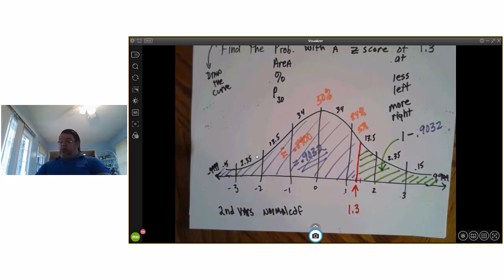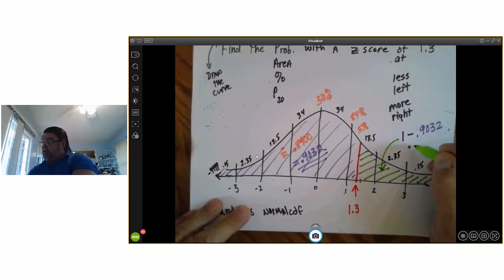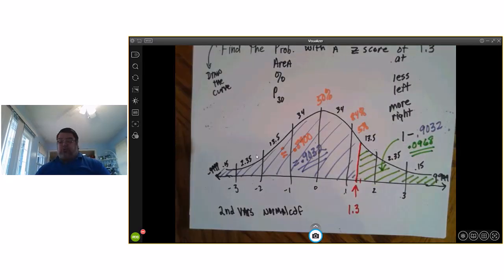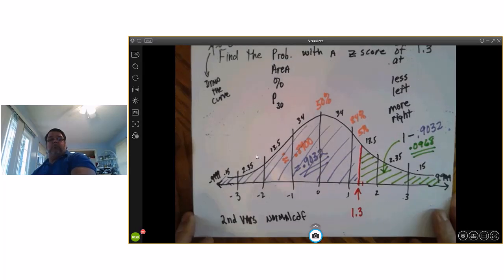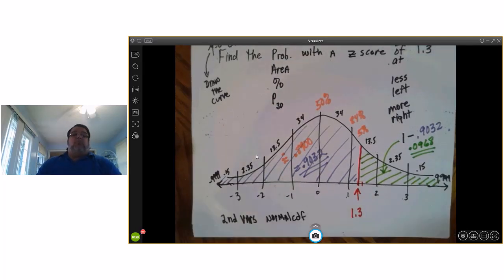And that equals, let's see, 0.0968. Somebody check me. 0.0968. And that is the area to the right of 1.3. Now that's one type of question you will get.